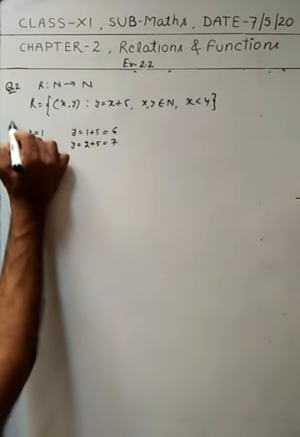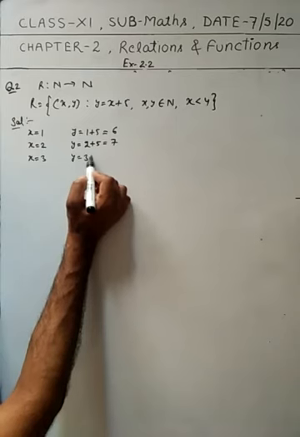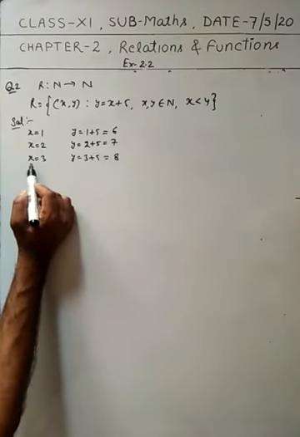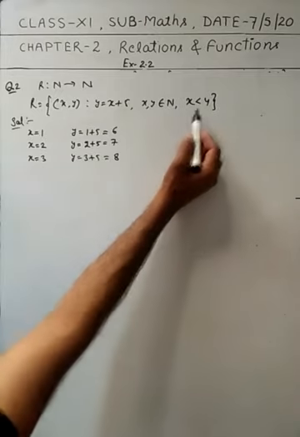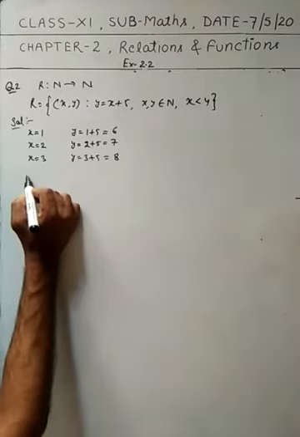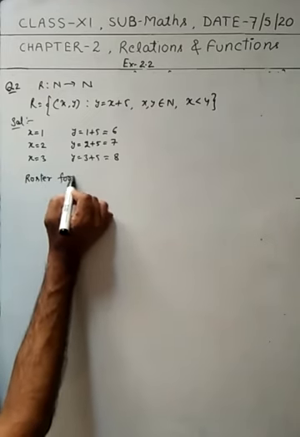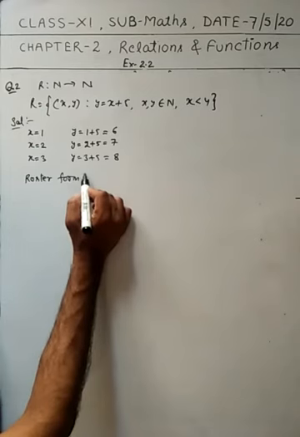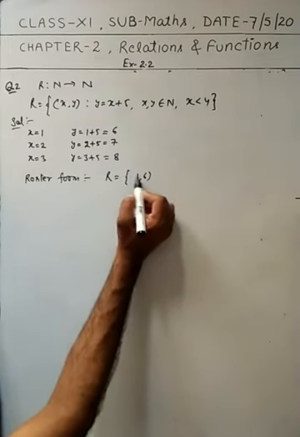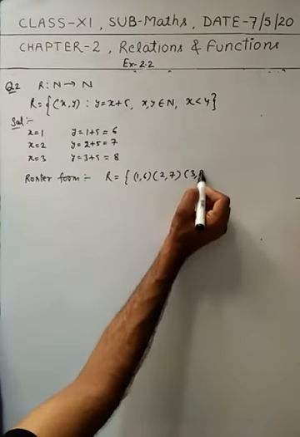X equal to 3, then y equals 3 plus 5 equals 8. I cannot take the value of x equal to 4 because the condition is x is less than 4. So its roster form is R equal to 1 image 6, 2 image 7, 3 image 8.